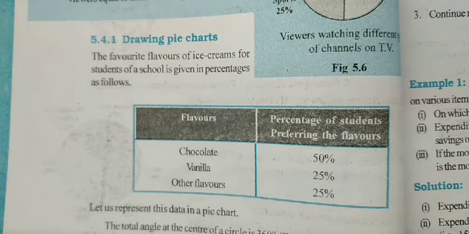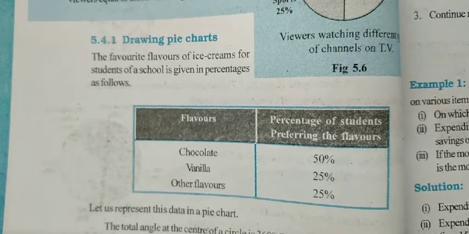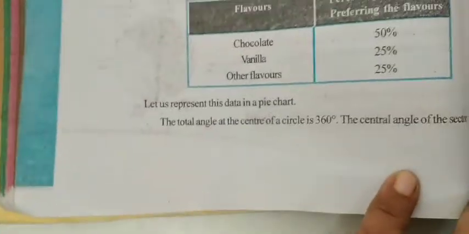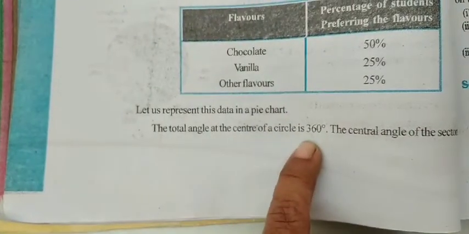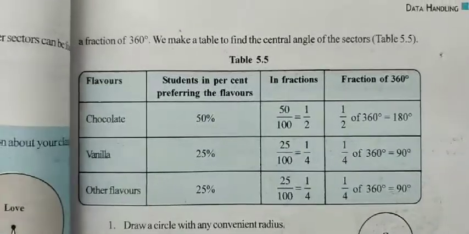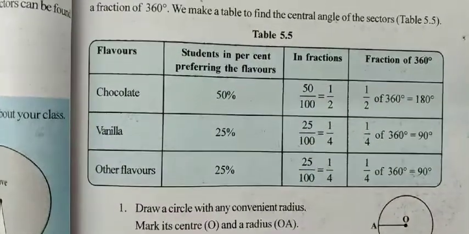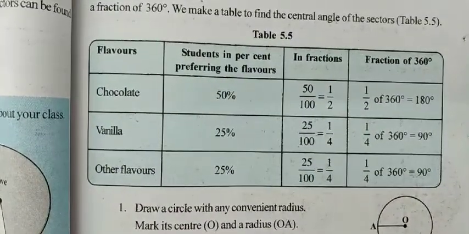Okay, so let's move on with the calculation. The total angle at the center of a circle is 360 that you have to take. The central angle of the sector will be of 360, and as you have to draw the pie chart, you have to convert the fraction into degrees, 360.